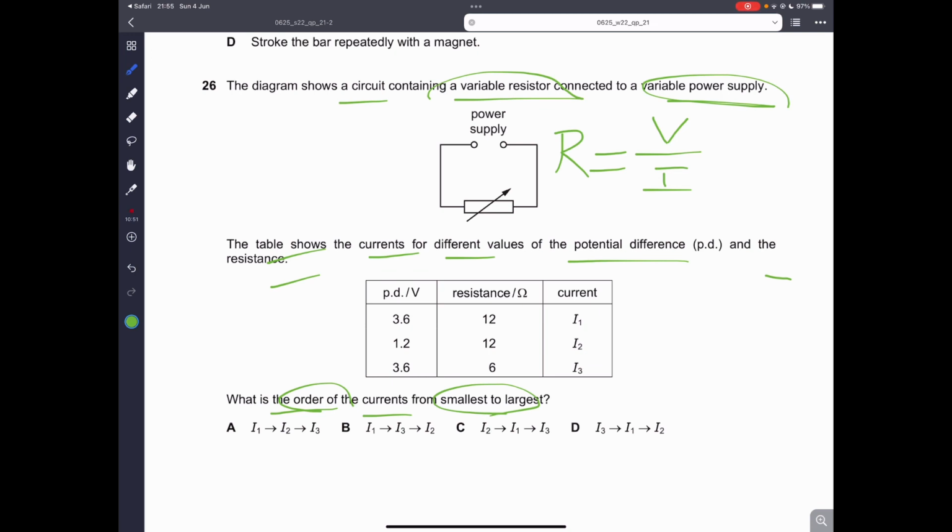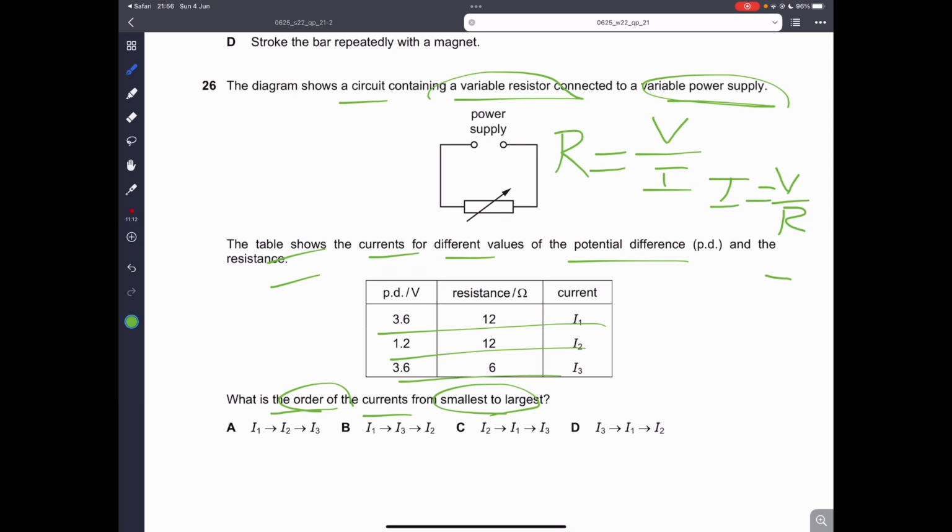You just have to rearrange the formula to current, which is V over R, and find it for each one of them, compare them and put them in order from smallest to largest. And I must say this question is really boring. It's not challenging at all.